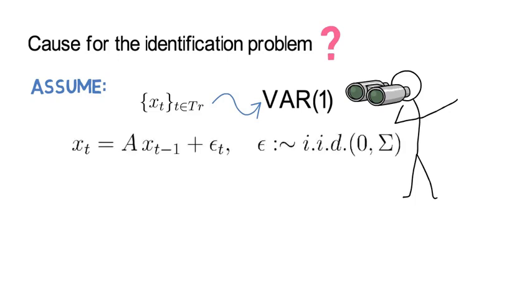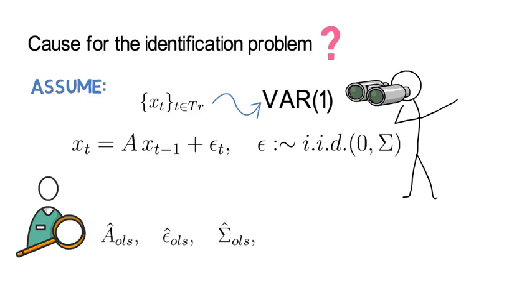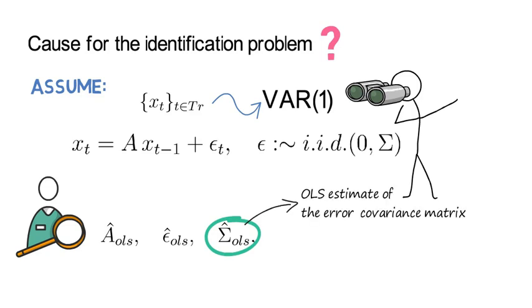If the OLS assumptions hold, and if you have no further constraints on the parameters, you can conveniently run OLS equation by equation to identify all the parameters. As a result, you will determine the A hat, epsilon hat, and the Sigma hat. And note the Sigma hat is the OLS estimate of the error covariance matrix.